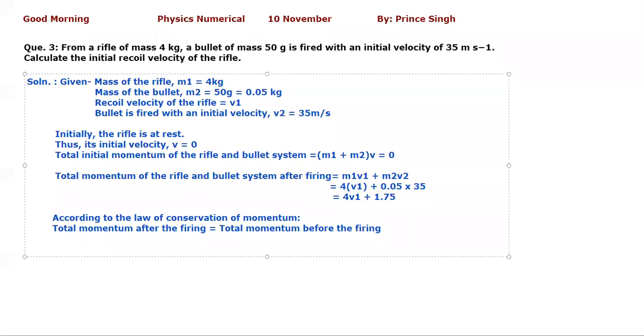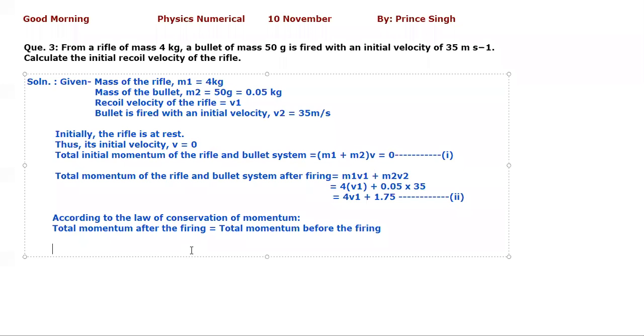And just now we have written, take this as equation 1. This was initially, that means before firing, and take this as equation 2, after firing. They both will be equal.